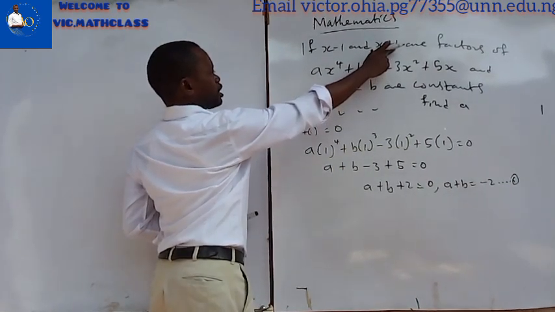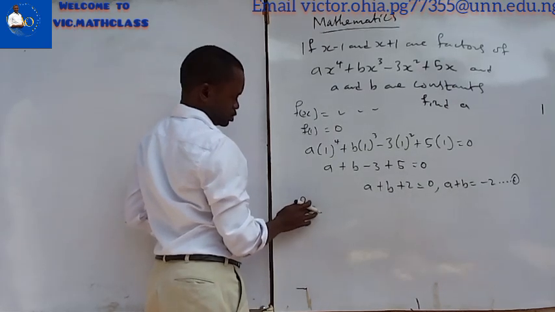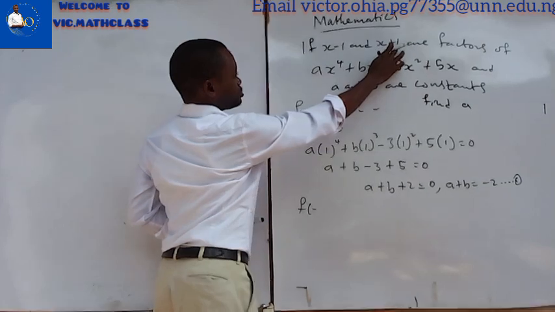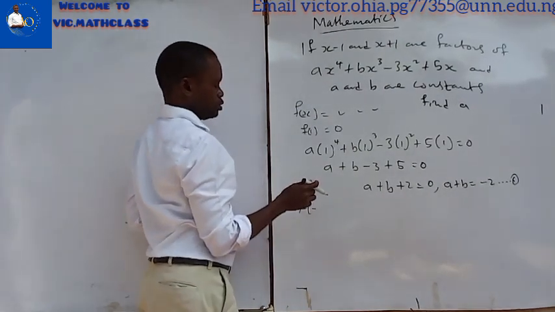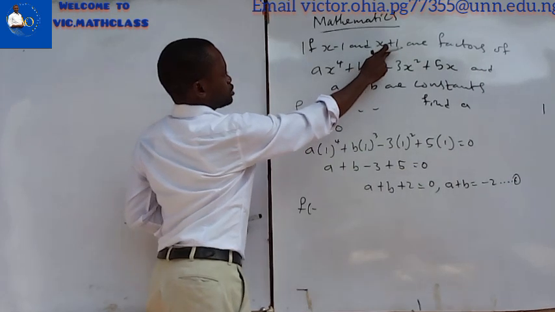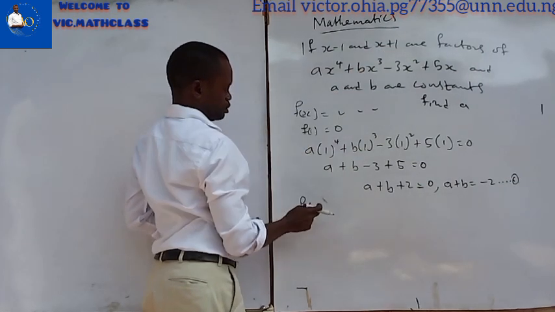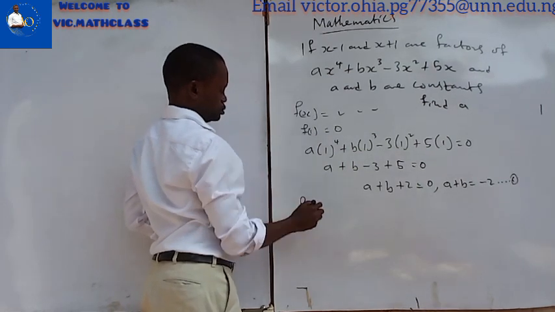By implication, this is f of minus 1. Please, if you check out the previous classes, you'll be able to understand why, by x plus 1, I am taking minus 1 as the value of x.